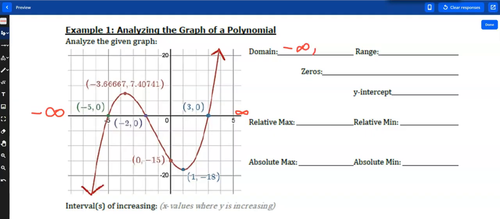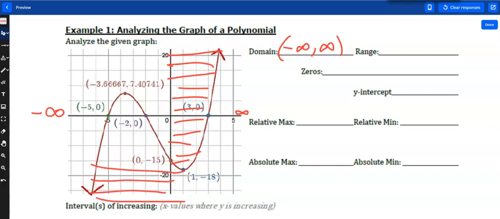So negative infinity to infinity. I think you're going to get the feel for it all the time. Polynomial functions, the domain is always the same. It's the range that can be different. But if you started pushing all these points up against the y-axis forever and ever, it would cover the entire y-axis. So it's also got negative infinity to infinity.